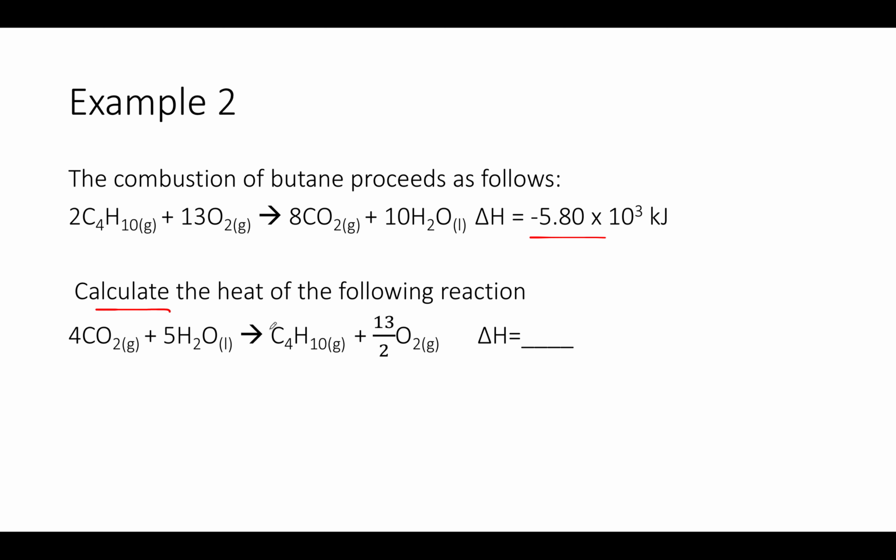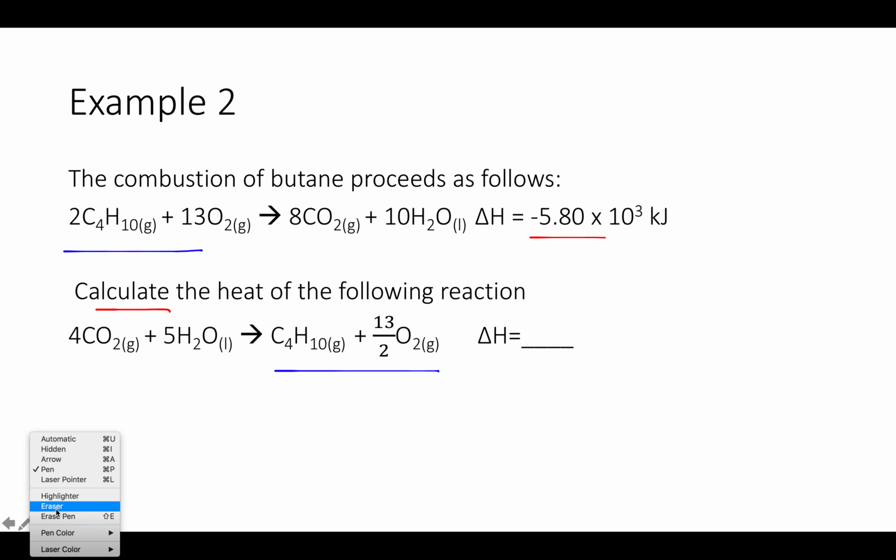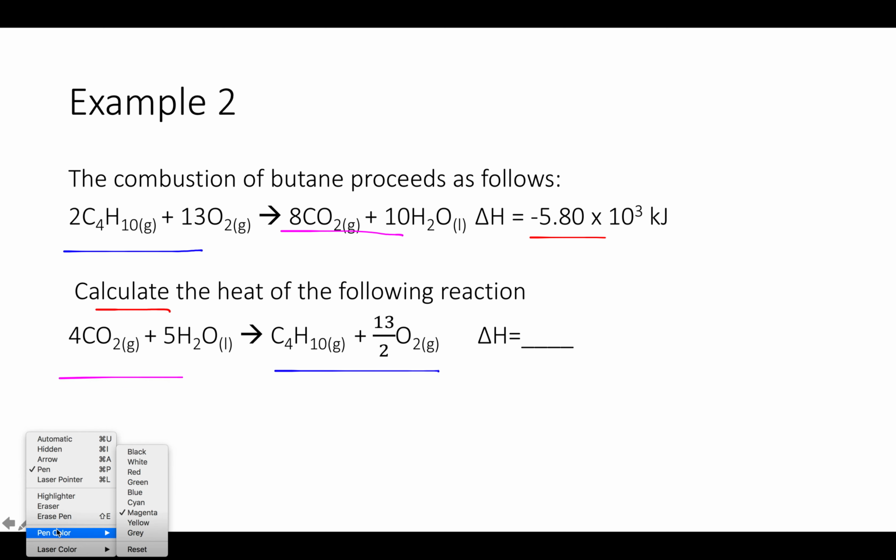So here, I noticed that we flipped it. Our reactants here are our products here, and our products in the original reaction are our reactants here. So we flipped the reaction, which means we need to change the enthalpy sign.